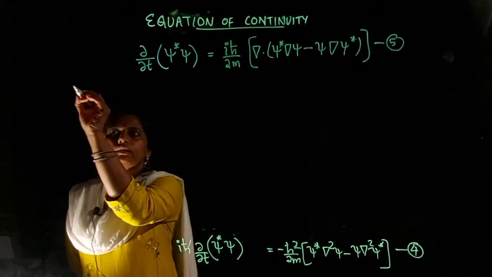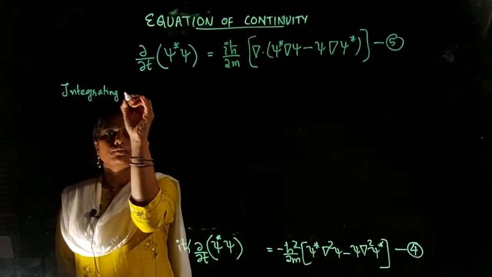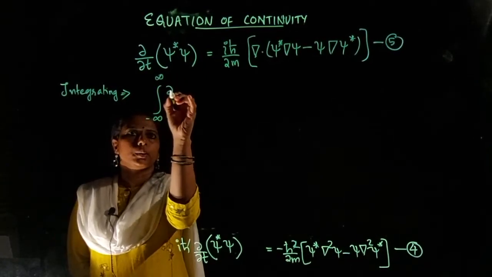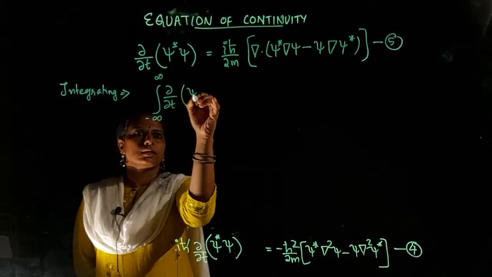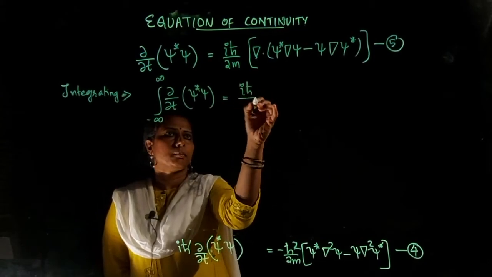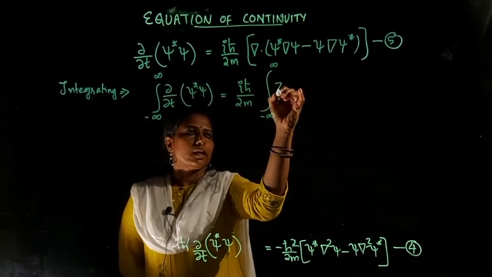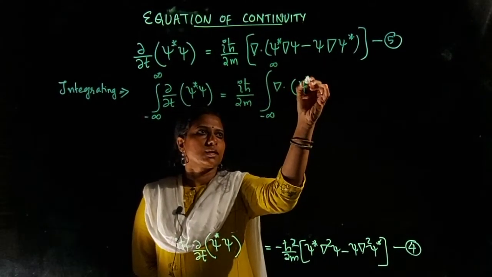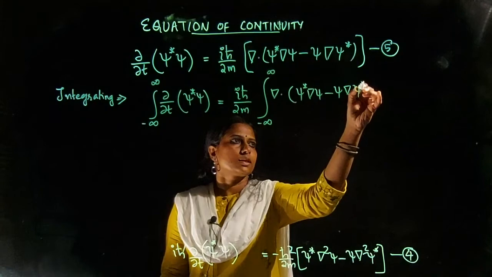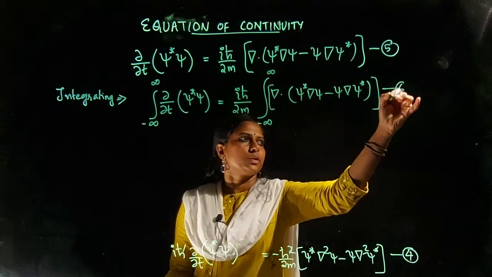Now integrating 5 from minus infinity to infinity, we can write integral from minus infinity to infinity of ∂/∂t of ψ*ψ is equal to iħ by 2m integral from minus infinity to infinity of ∇ dot (ψ* ∇ψ minus ψ ∇ψ*). Let it be equation 6.